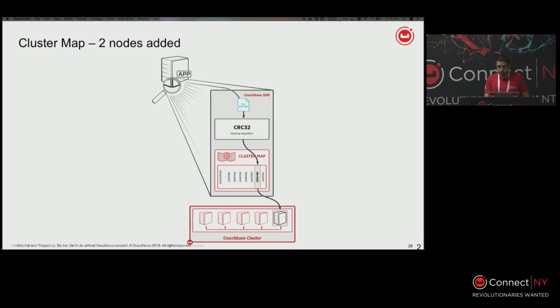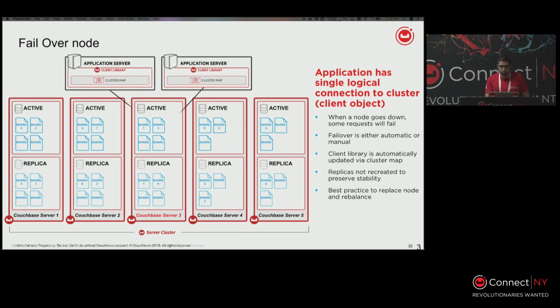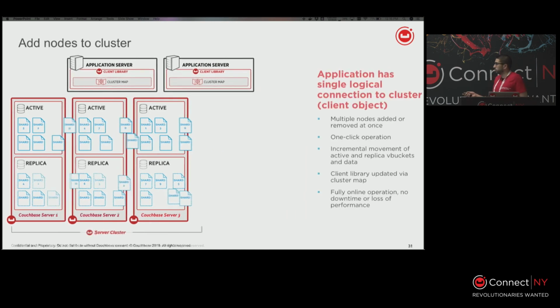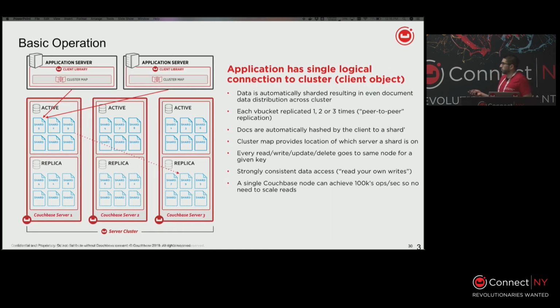One other thing I do want to talk about, going back to that cluster map, right? If you have multiple application servers or multiple connections to the cluster from your applications, each of those application servers maintains its own cluster map within the SDK.